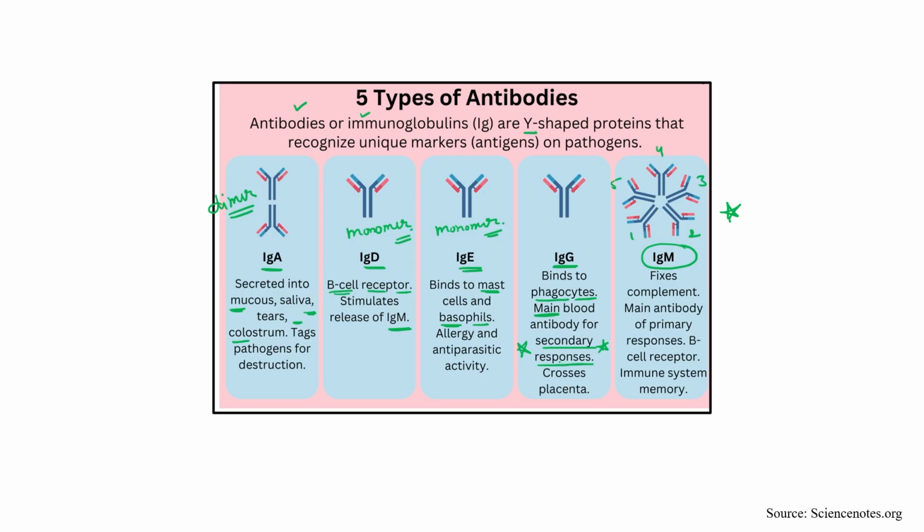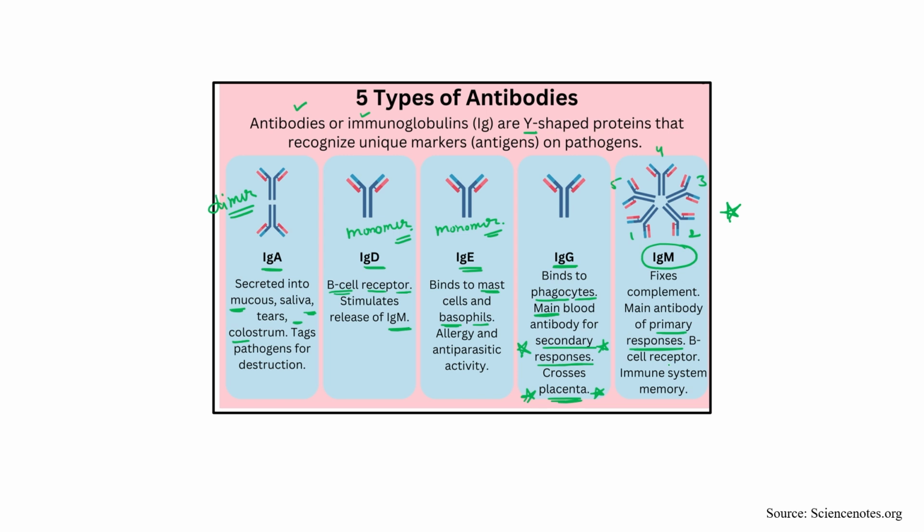And this is the only antibody that is able to cross the placenta. The last one is IgM. IgM fixes complement. This is the main antibody of the primary response. B cell receptor and immune system memory.